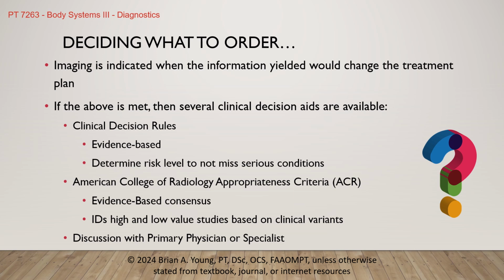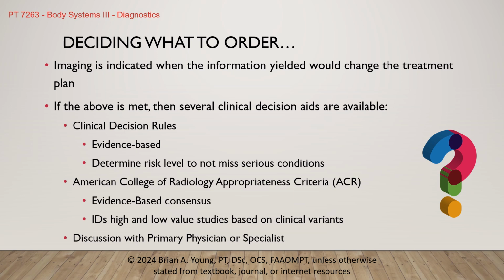There are several tools that we can use that are clinical decision aids. It's nice when things are there to really help you. The first one could be decision rules, such as the Ottawa knee and ankle rules, the Canadian C-spine rules, or the NEXUS rules for neck pain and neck trauma. These are evidence-based, and they help to determine a level of risk where we get imaging on folks, so we can really not miss the serious conditions.